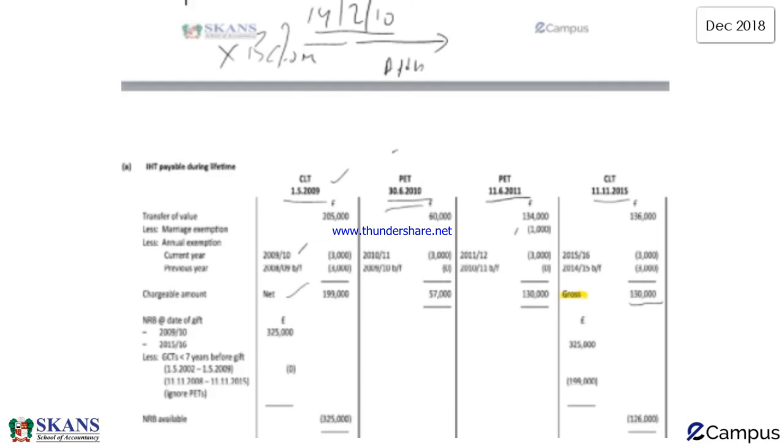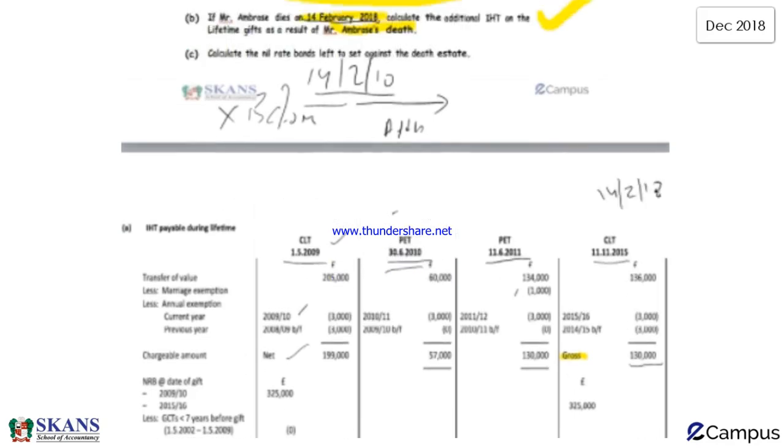If you want to consider that, you should keep in mind the date of death of your client. The date of death is 14th of February 2018, and 7 years before that will be 14th of February 2011. And so we can say, yes, there's a chargeable PET and there's a CLT. And what is the applicable nil rate band for the death estate?